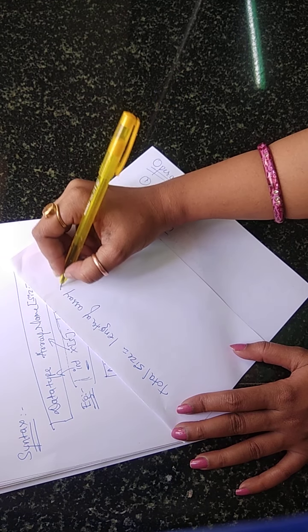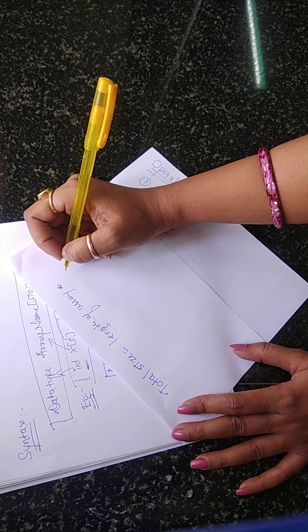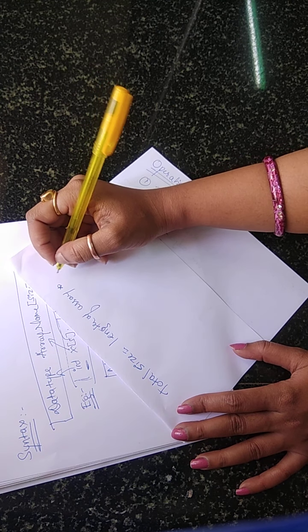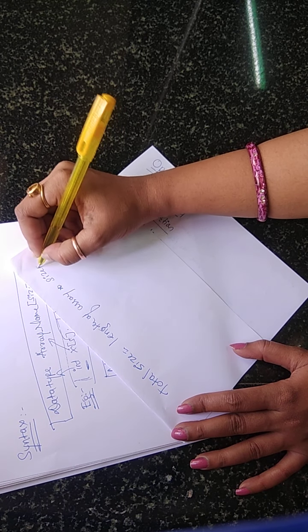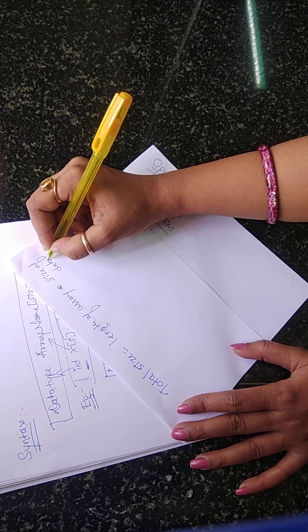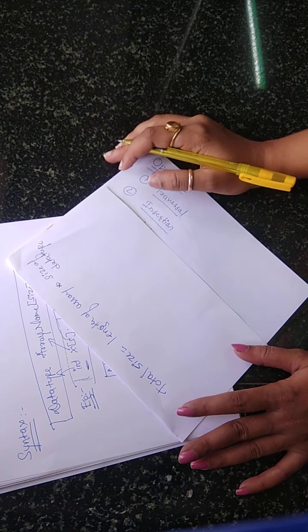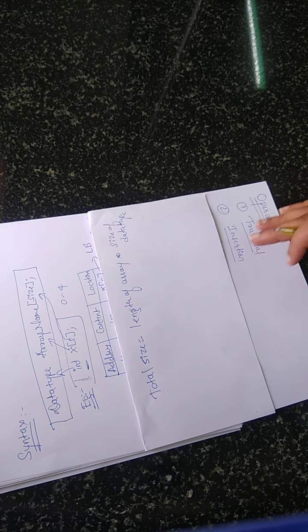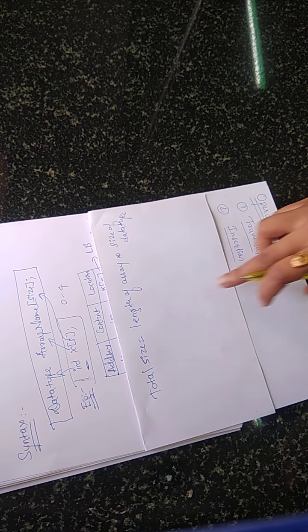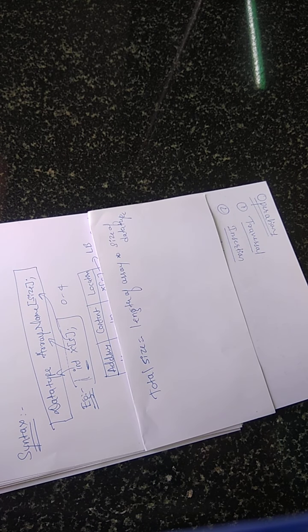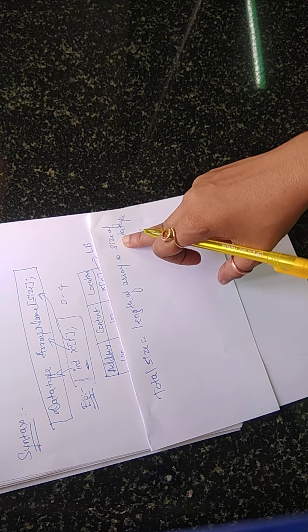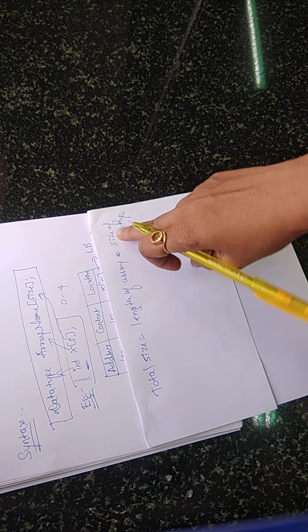I'm giving it relating to a one dimensional array, okay? First you have to find the length of the array, then you have to see the size of the data type. Which data type you are using for that particular array, that size you have to find in bytes, and multiply, and you will get your total size.